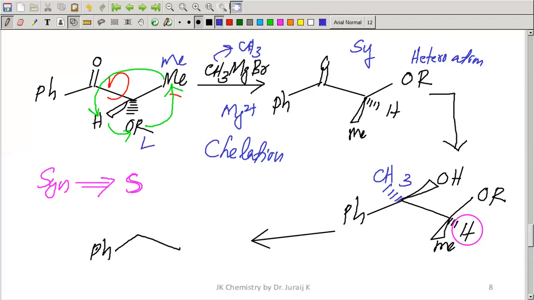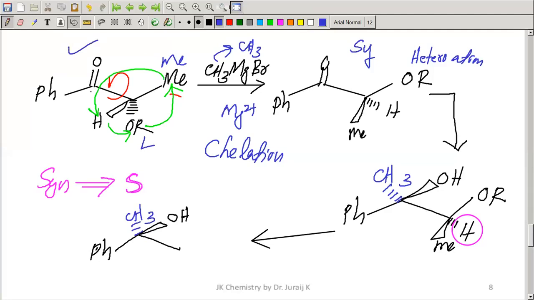Your product will have CH3 on this new chiral center, no change here. But my idea is that I want to make the structure the same as your substrate, like this.